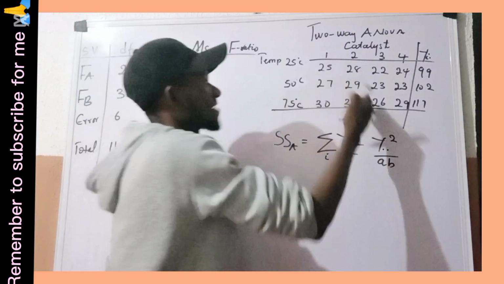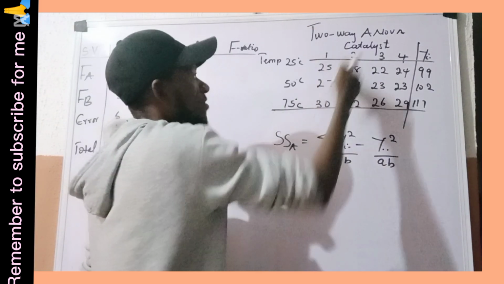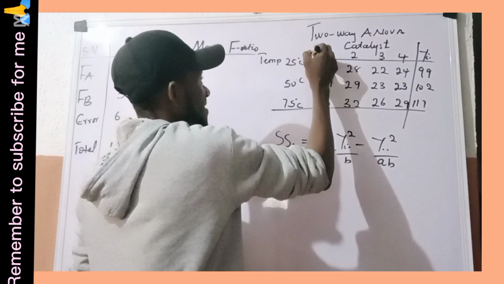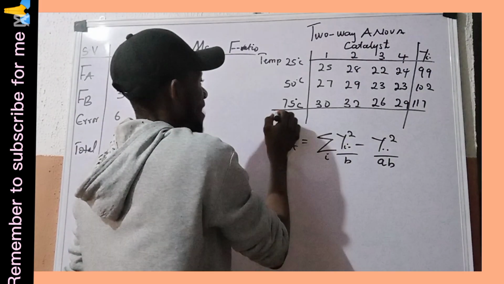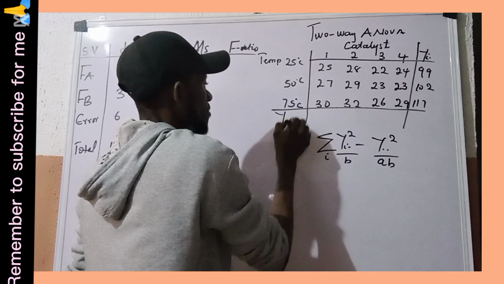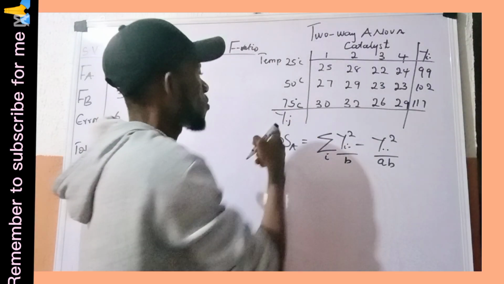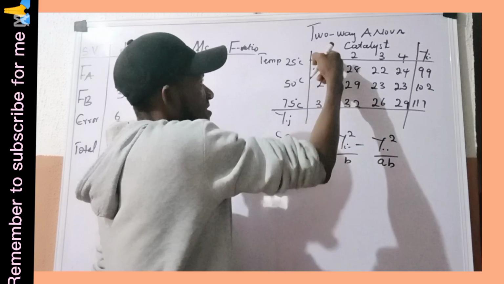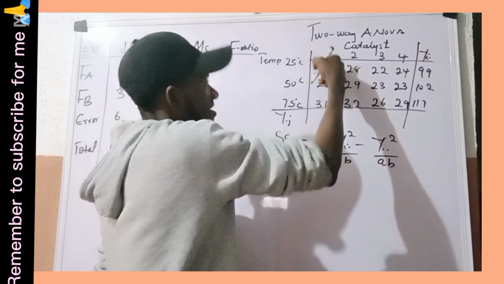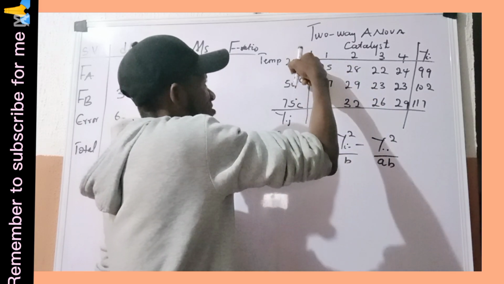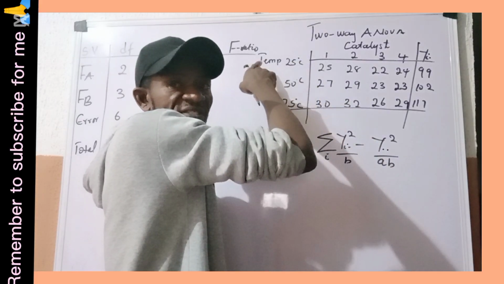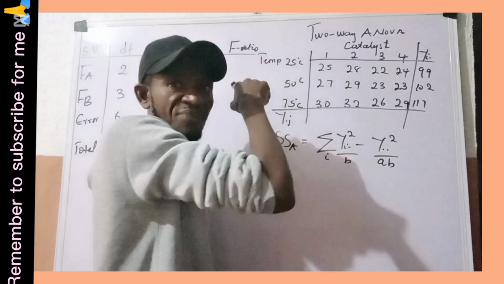The same thing applies here. I am going to sum these ones, summing them this way, and I'll write y dot j. Why do I write y dot j? As I'm summing these ones, this level of catalyst 1 remains constant. What are now changing are the levels of the first factor, the temperature.